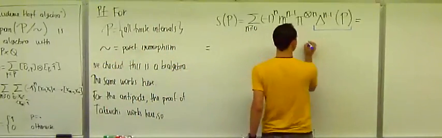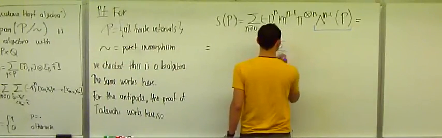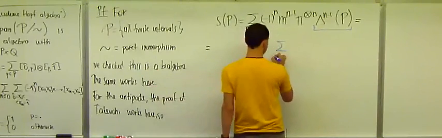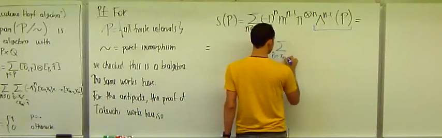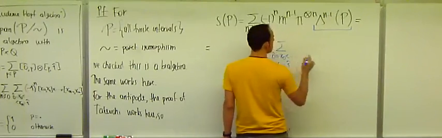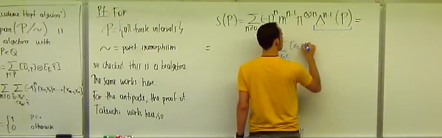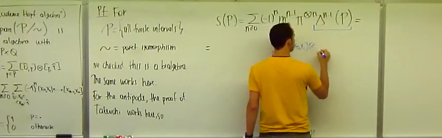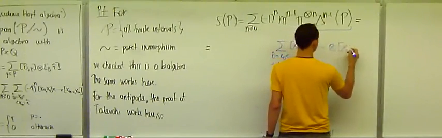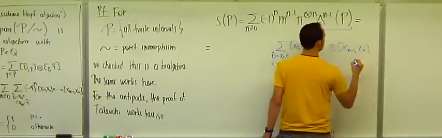So this is just the sum over chains like this, and then we get x0, x1, tensor, x1, x2, tensor, up to x n minus 1, xn.